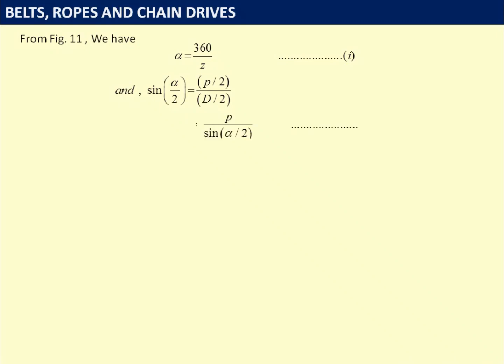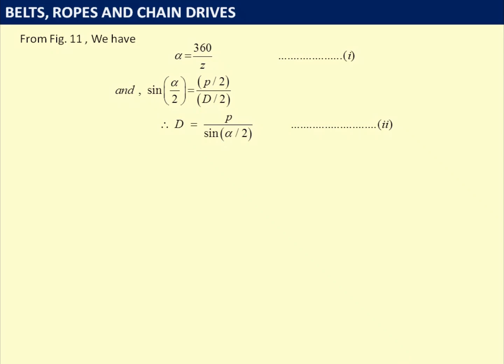Now from figure 11 we have the pitch angle alpha equal to 360 divided by the number of teeth, that is Z. So let us consider this as equation 1, and sine of alpha by 2 is equal to p by 2 upon D by 2. So therefore from this equation we can have the pitch circle diameter of the sprocket D equal to p upon sine of alpha by 2.